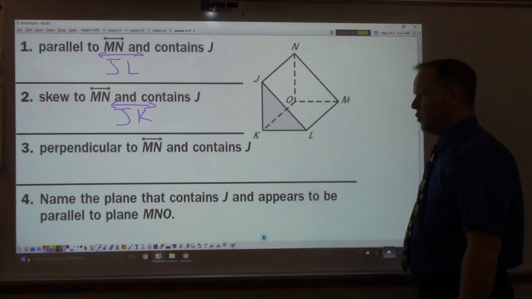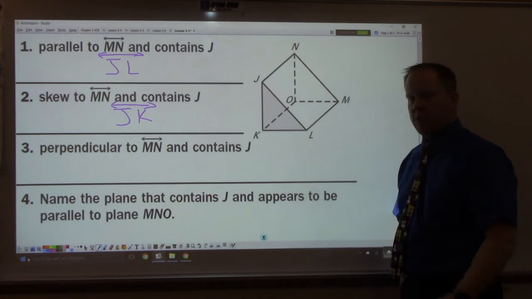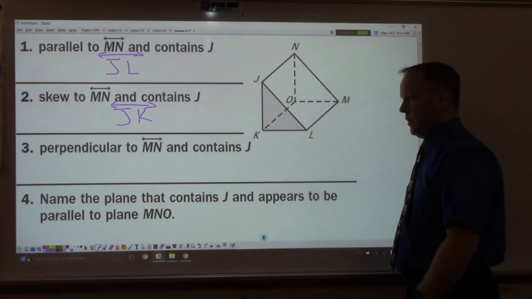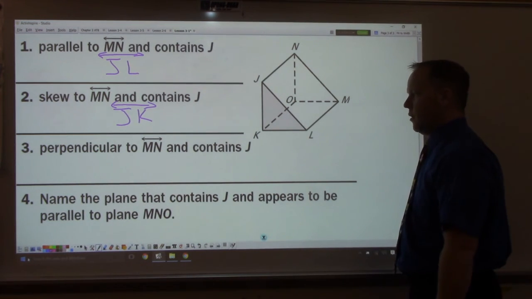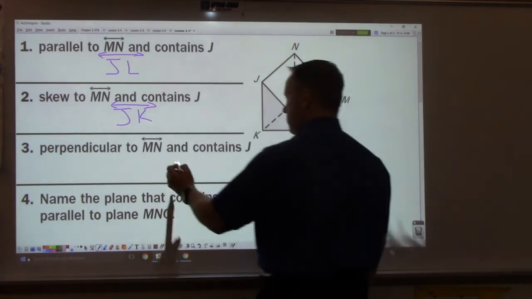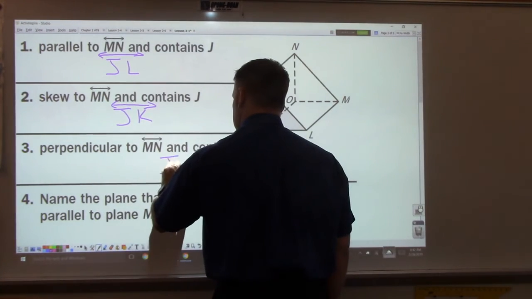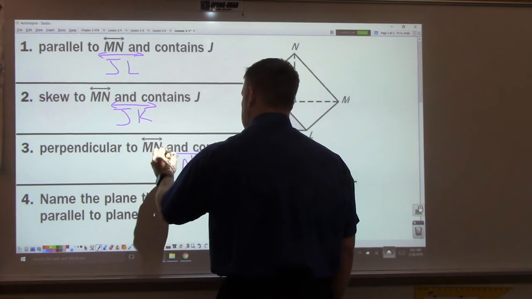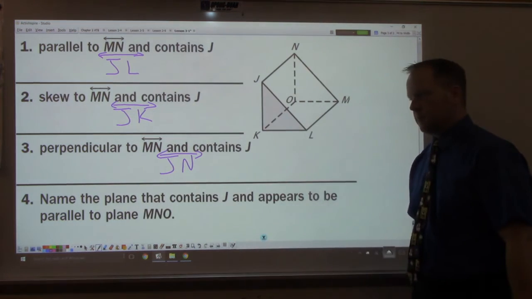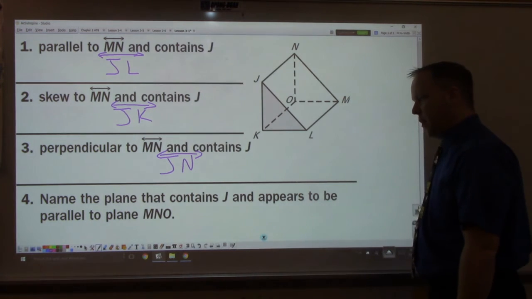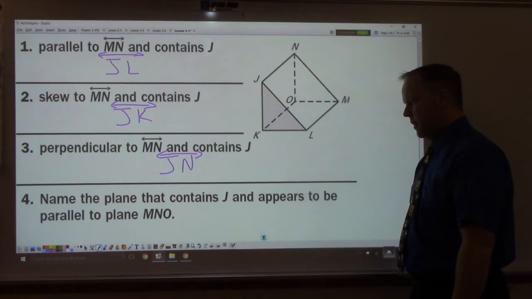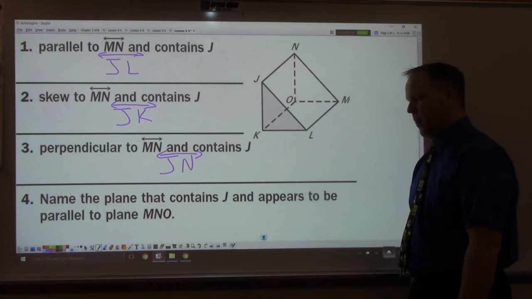Now, perpendicular to MN but contains point J. Again, which one appears to be perpendicular? I know they're not going to draw all the boxes, so which one appears perpendicular? That would be line JN. And then number 4, name the plane that contains point J and appears to be parallel to MNO.